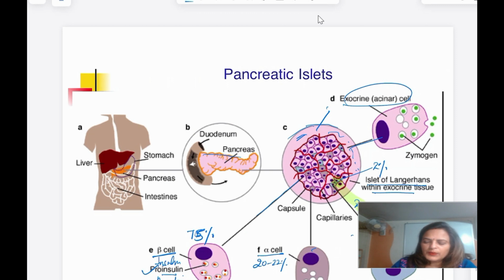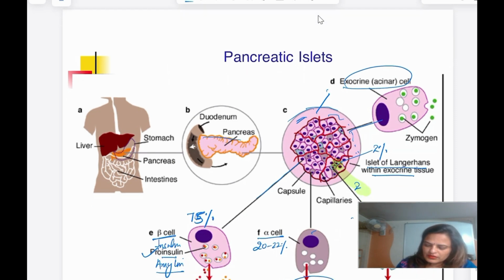They are the ones which are going to secrete somatostatin. This is the delta cell. And there is another cell, the pancreatic polypeptide cell, which is going to secrete the pancreatic polypeptide.